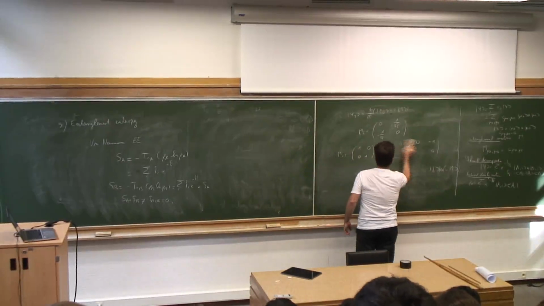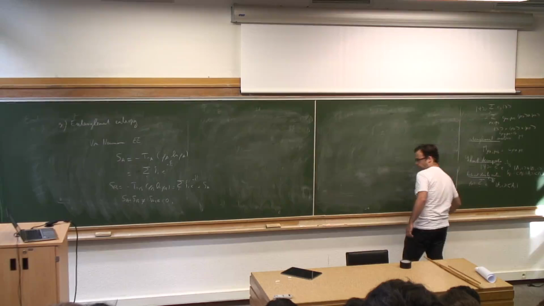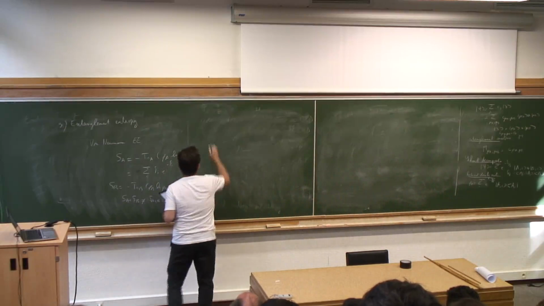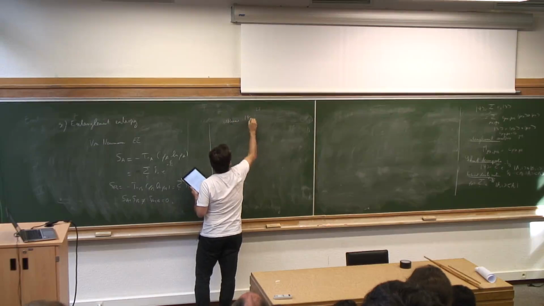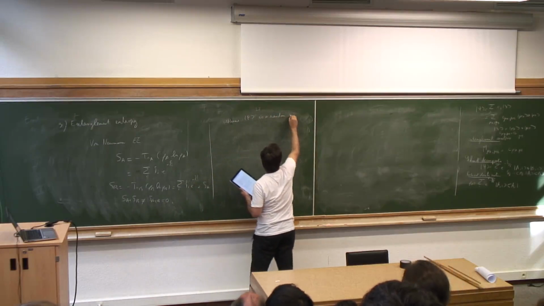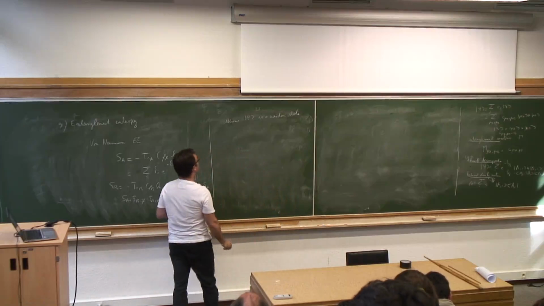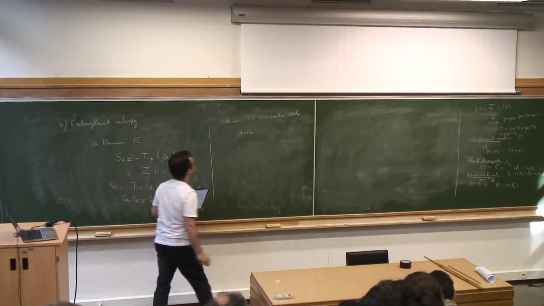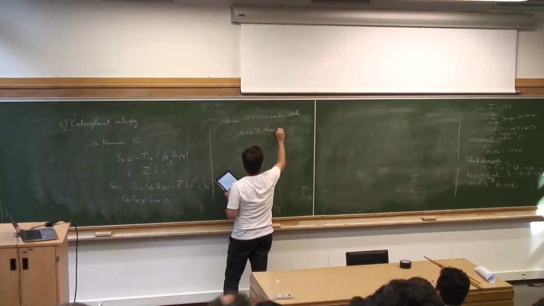So if you take a random state, and I will also assume the following properties, that the dimension of the subspace B is greater or equal to the one of A, and it's much bigger than 1.